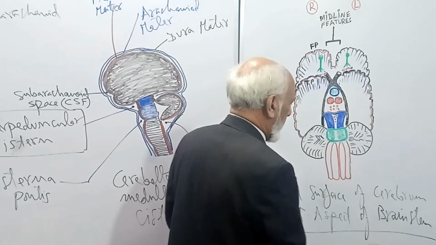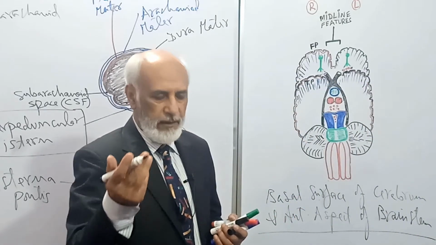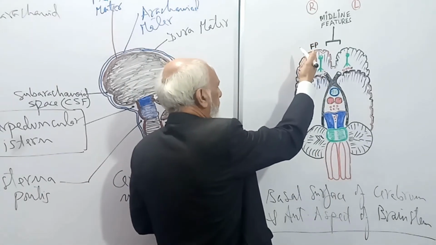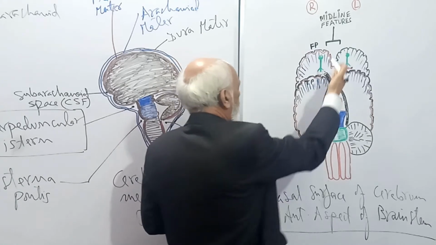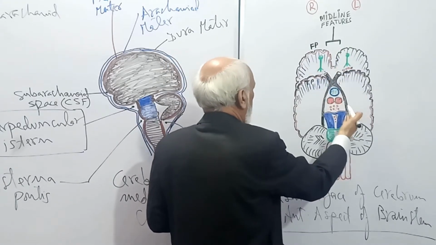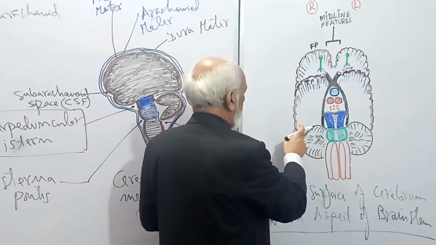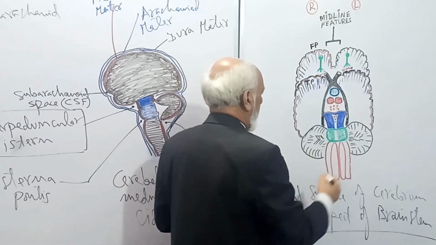You know, brainstem is comprised of midbrain, pons, and medulla oblongata. You can see this is right cerebral hemisphere, this is left cerebral hemisphere, this is frontal pole, temporal pole, and occipital pole is hidden and covered by cerebellum.